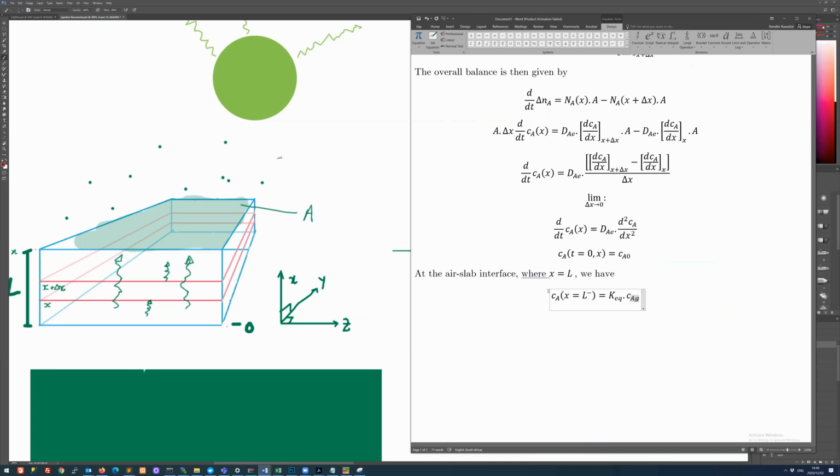So now we have to specify the gas phase, A comma gas, at the position where x equals L plus, so just above the slab surface. There's a certain concentration in the gas phase, so that's that value. And using the equilibrium constant, then we can get the concentration just inside the slab. Okay, so that's the boundary condition we can apply there. Any questions or comments on that?